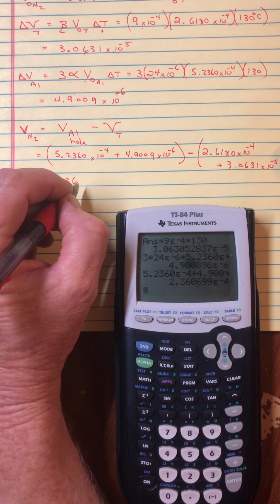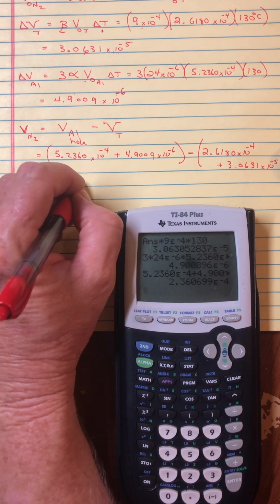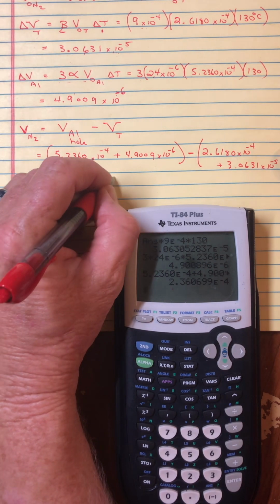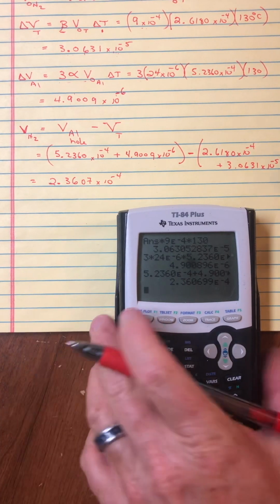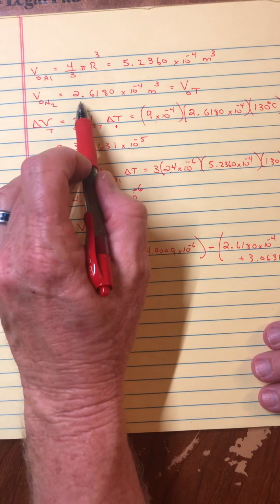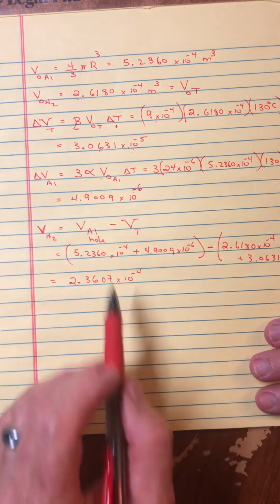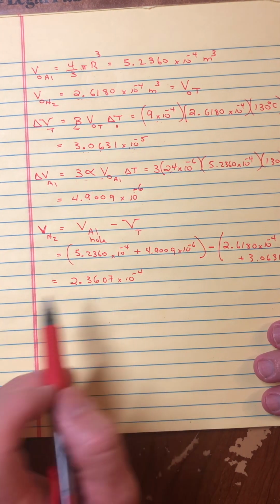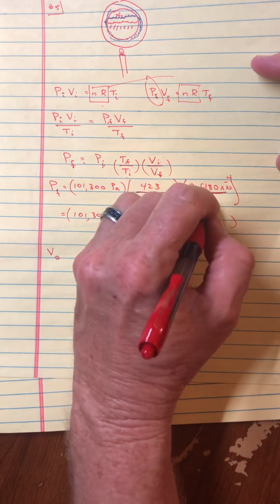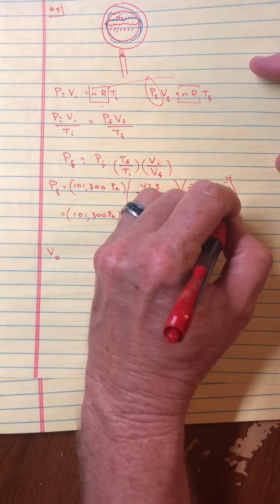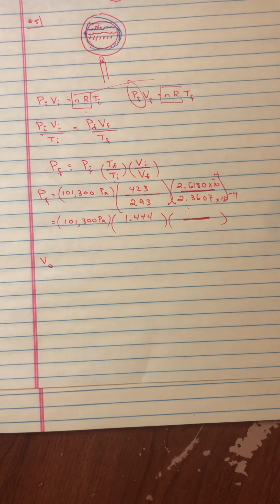And so after all that work, I think the space left over for the nitrogen is not as much as it started with, and it's compressed a little bit, right? So remember, we started with the nitrogen of 2.6, and now we are down to 2.3. And so here I'm going to put 2.3607 times 10 to the minus 4.